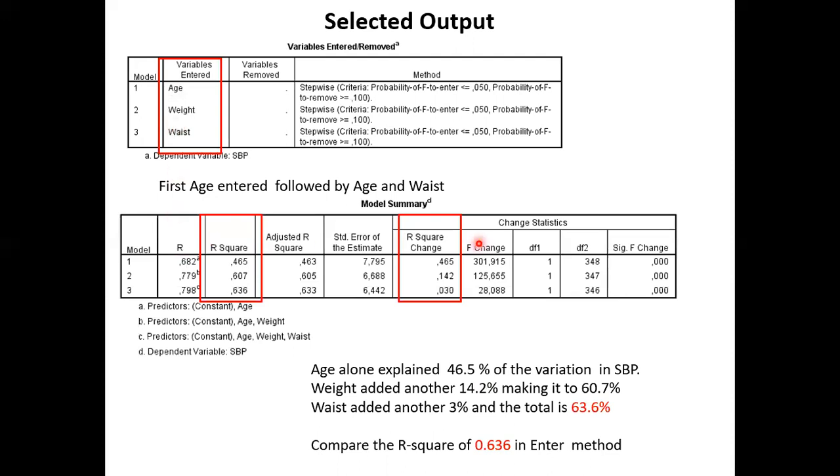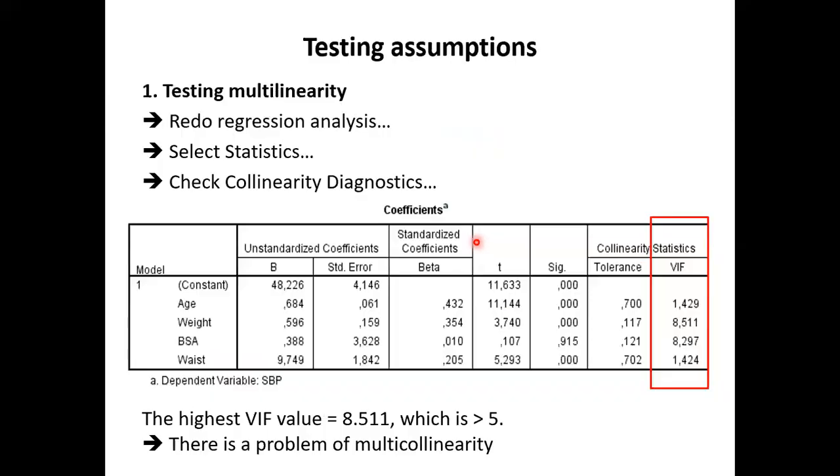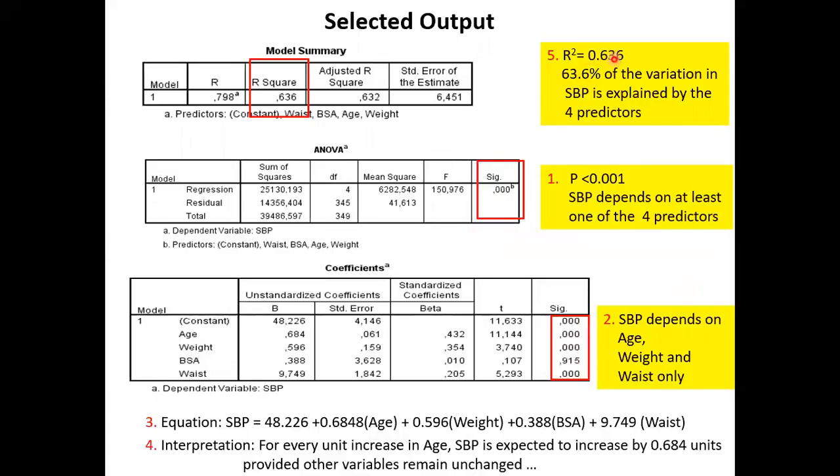So currently, what's R square? 0.636, right? What variables? Waist, age, and weight.